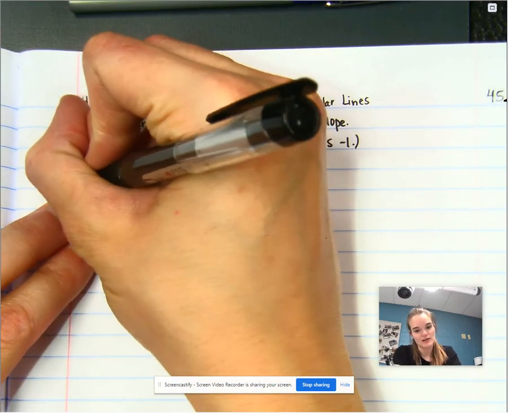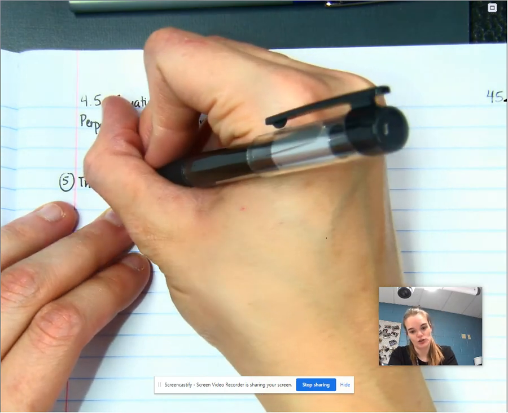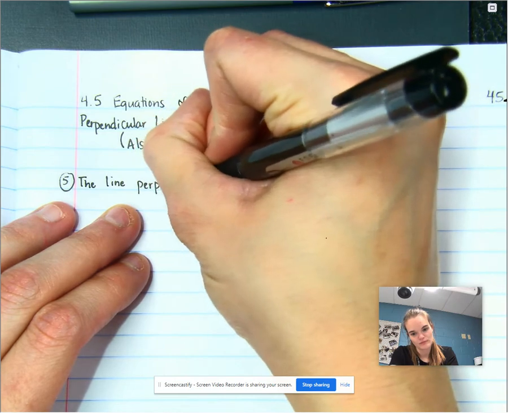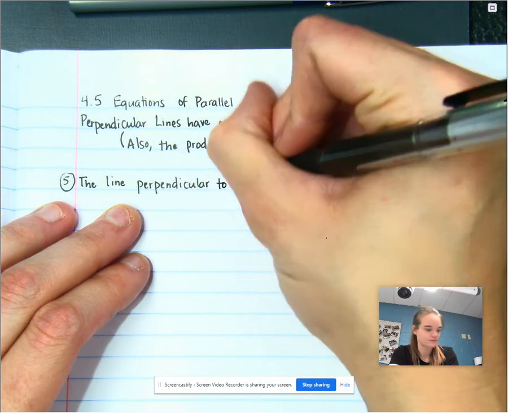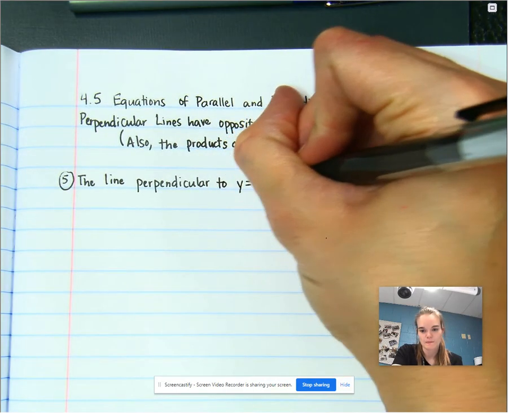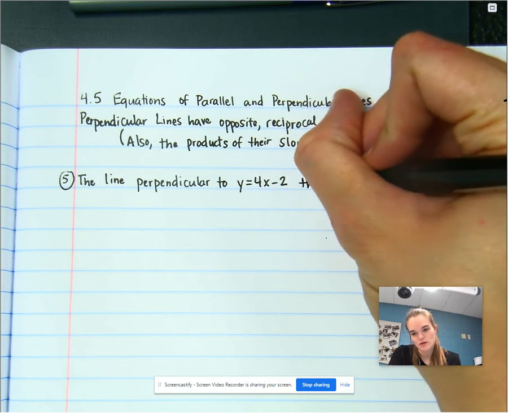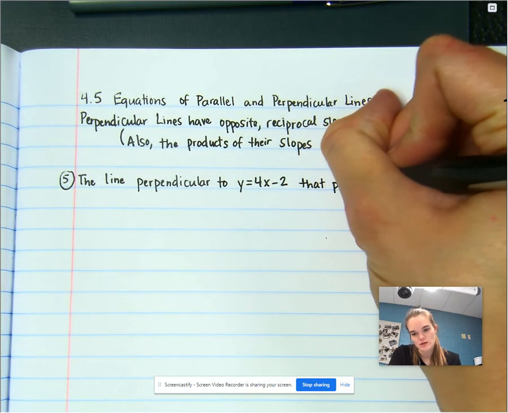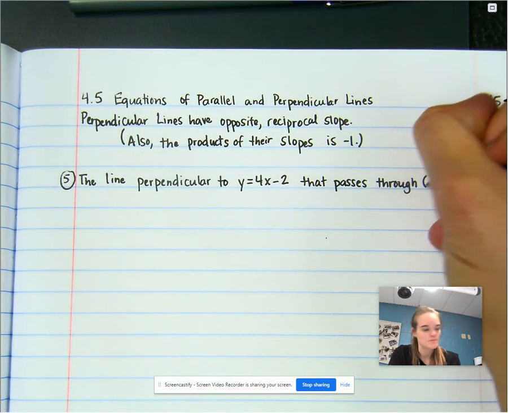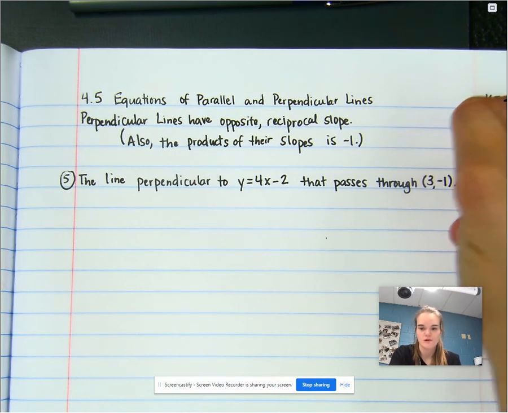And it's going to be the line perpendicular to y equals 4x minus 2 that passes through the point 3, -1.